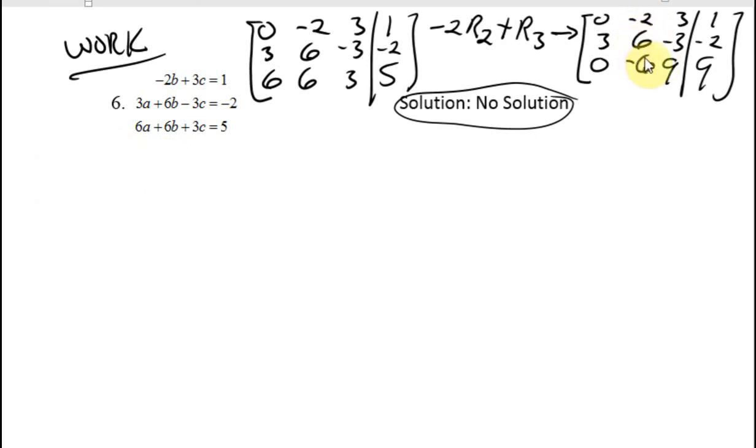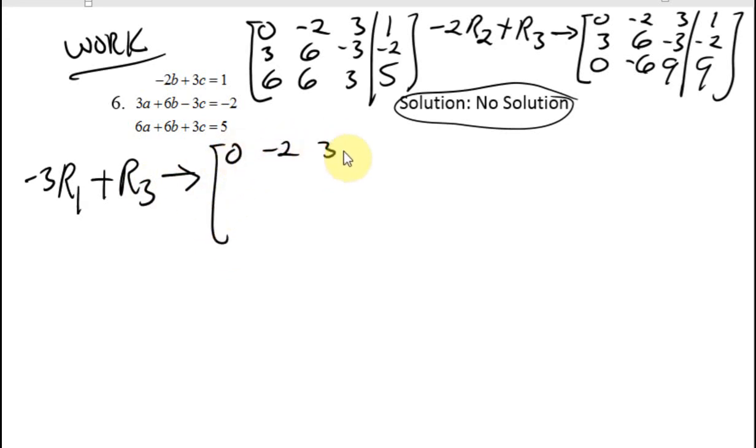When I cancel this out, I'm going to automatically cancel this out, and something strange is going to happen over there. So here we'll say negative 3 times row 1 plus row 3. This is 0, 0, 0, if I'm doing that right.